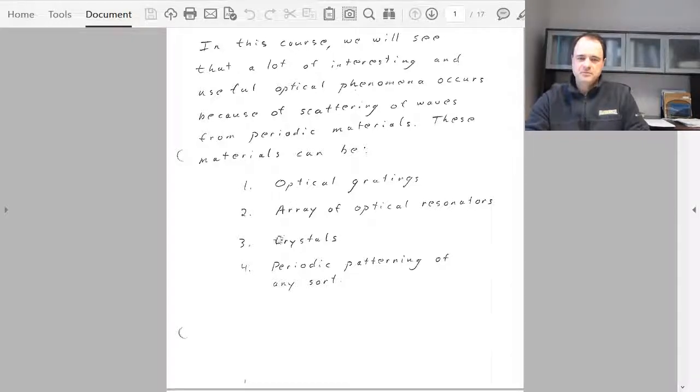So whether that is metallic lines in optical gratings, or dielectric resonators in photonic crystals, or silicon atoms in regular crystals, periodic patterning of any sort requires us to know the language of crystals, lattice, basis, and the variety of other things we'll talk about in this lecture.